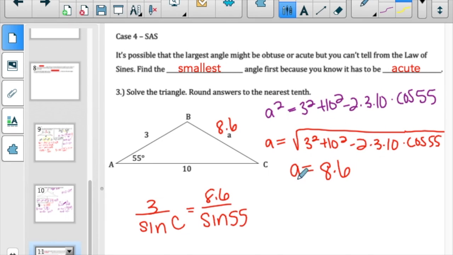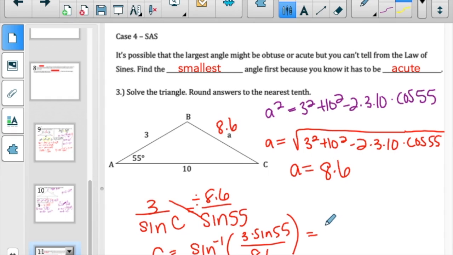So it's really important that you type this all in correctly and get A correct, otherwise C is going to be wrong. So cross products multiplied, you'd be dividing by that 8.6. So C equals the sine inverse of 3 times the sine of 55 divided by 8.6. So that's going to round up to 17 degrees, right?